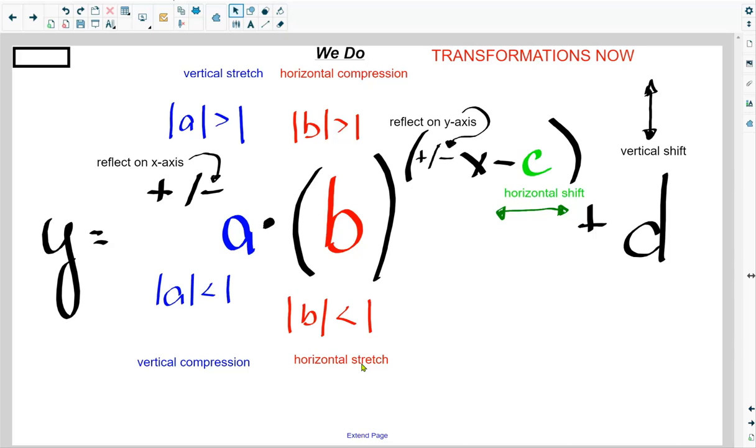And this negative in here in front of the x would give you a reflection on the y-axis. C, even though it's in a weird location, or different than what we're used to, it's still gonna give you after the minus the horizontal shift, and out here the vertical shift. So overall the same stuff, it's just set up a bit different for exponential functions.